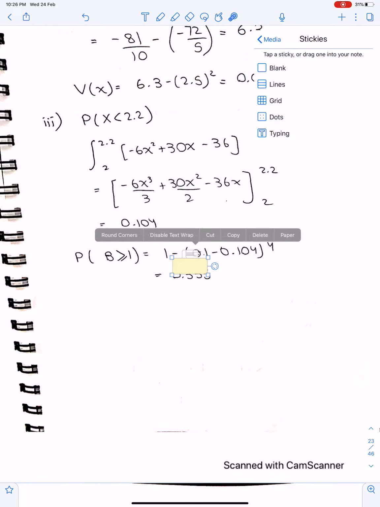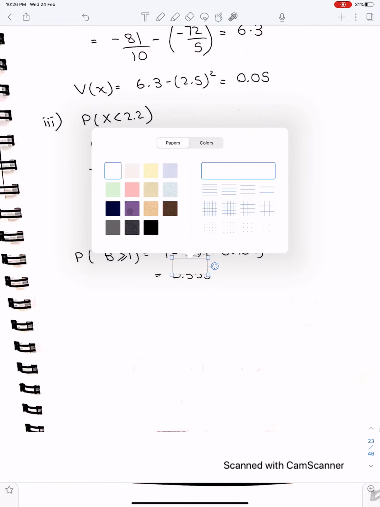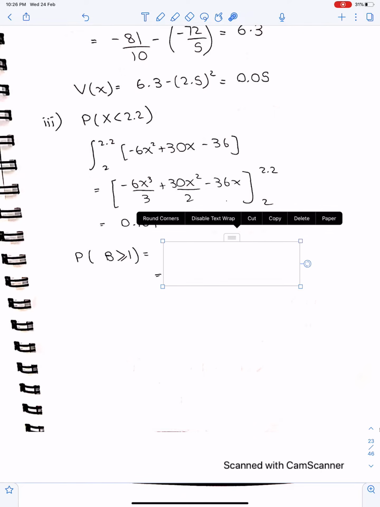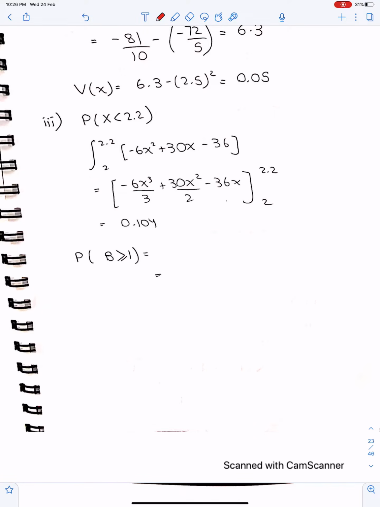Let me first write the formula. So I'm using binomial. This student also used the same thing. It's 1 minus P0. At least one means 1 minus 0. So 1 minus P0 means Q to the power n. And in this question, n is 4.